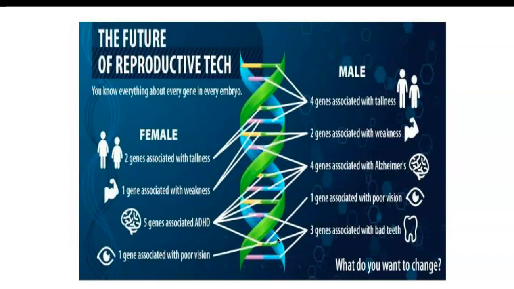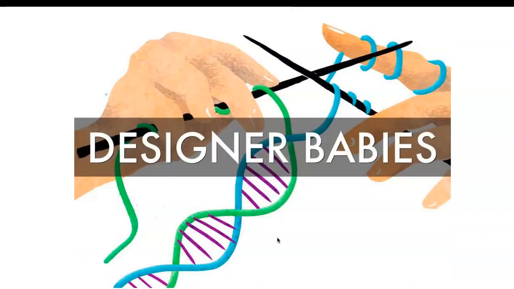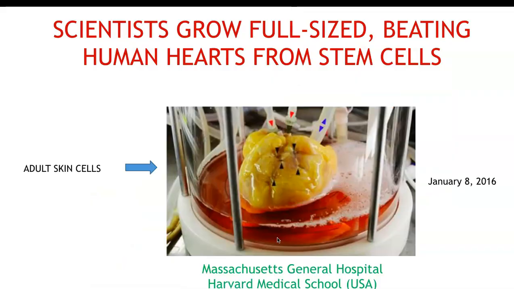Which gene is responsible for tallness in females, how many genes are responsible for tallness, which genes are associated with weakness, which 5 genes are associated with ADHD, 1 gene associated with poor vision, which 3 genes are associated with bad teeth for males, 4 genes associated with tallness, 2 genes associated with weakness, 4 genes associated with Alzheimer's, 1 gene associated with poor vision. So we will know which gene is going to create what problem in the embryo, and we can then change that gene, right, so that the defect will not form in a baby. So we can say that finally we can form designer babies with the help of these stem cells.